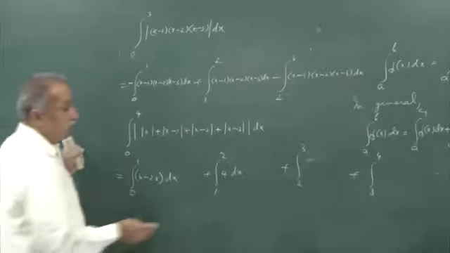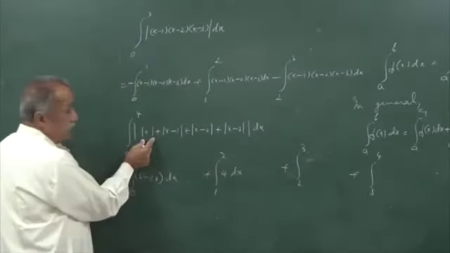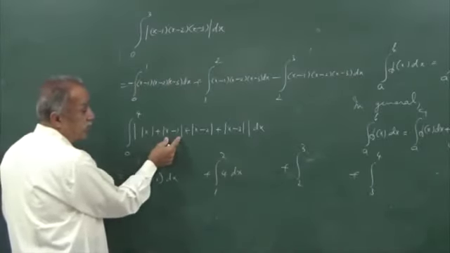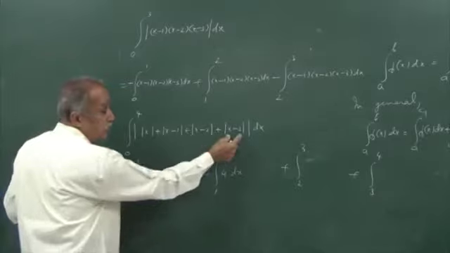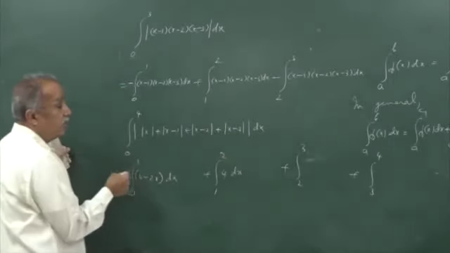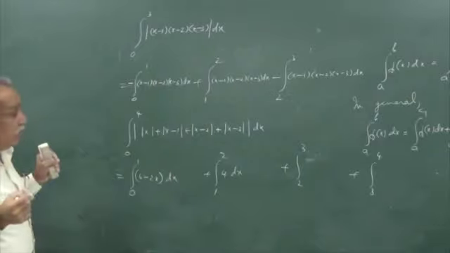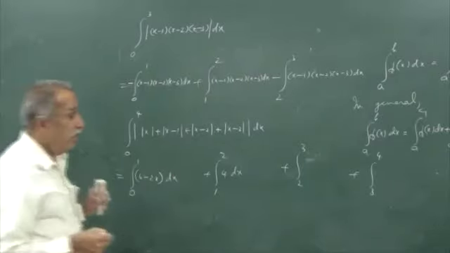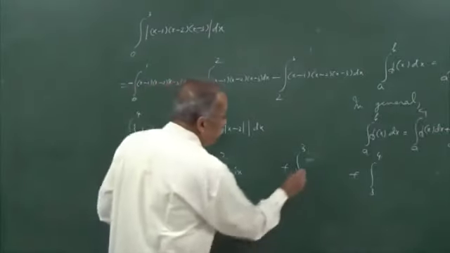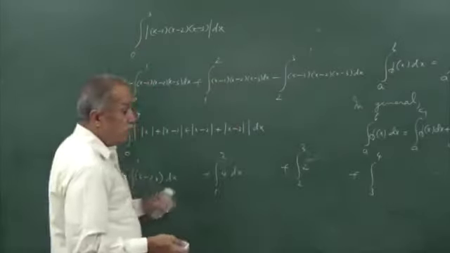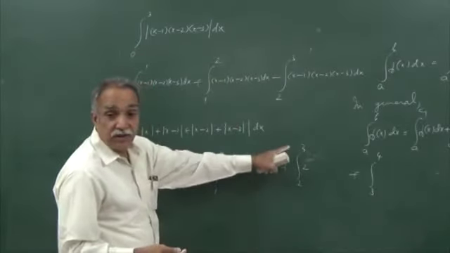Okay. In the interval 2 to 3, this is x minus 1, this is x minus 2, this is 3 minus x. You will get 2x, just that much. Mod 2x you are getting. Mod 2x is 2 into mod x. What about mod x in the interval 2 to 3?